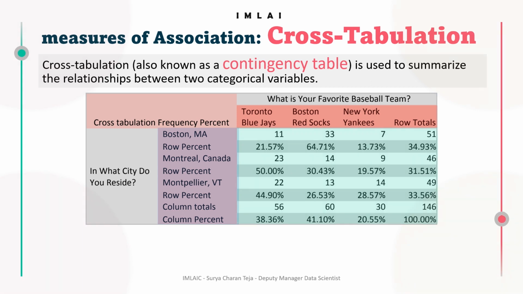Now the cells of the table report the frequency counts and percentages for the number of respondents in each cell. In this table, the text legend in the cross tab describes the row and column variables.